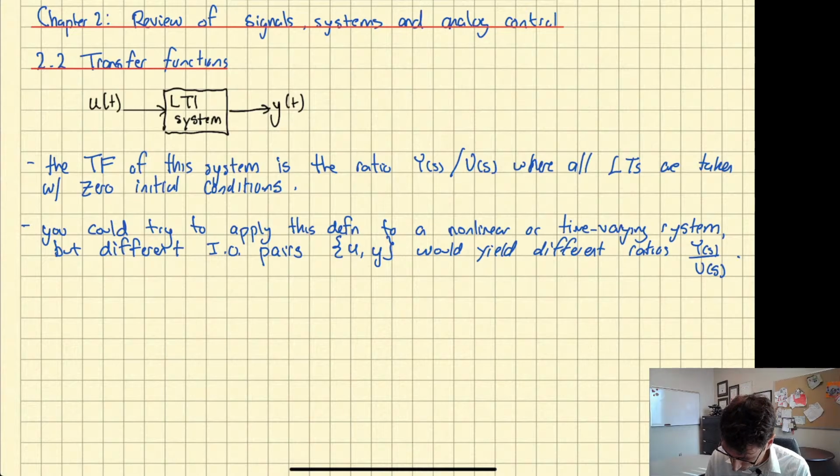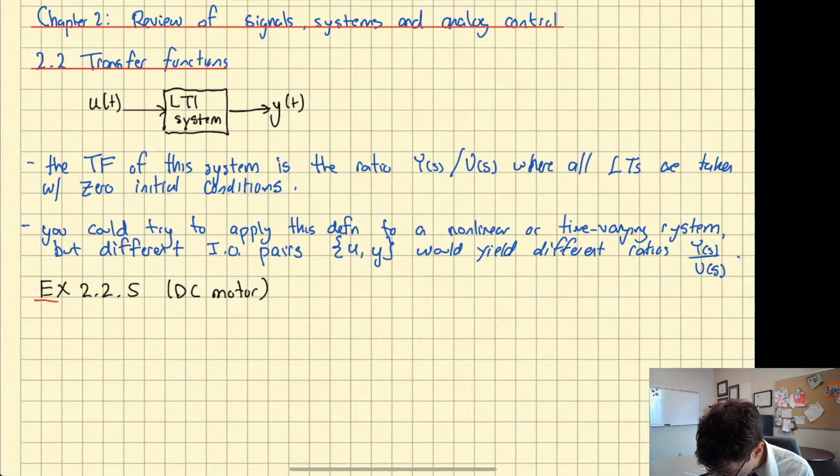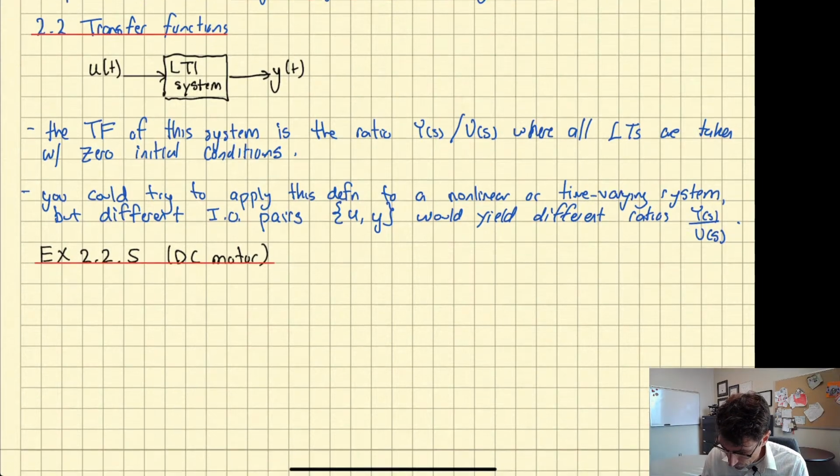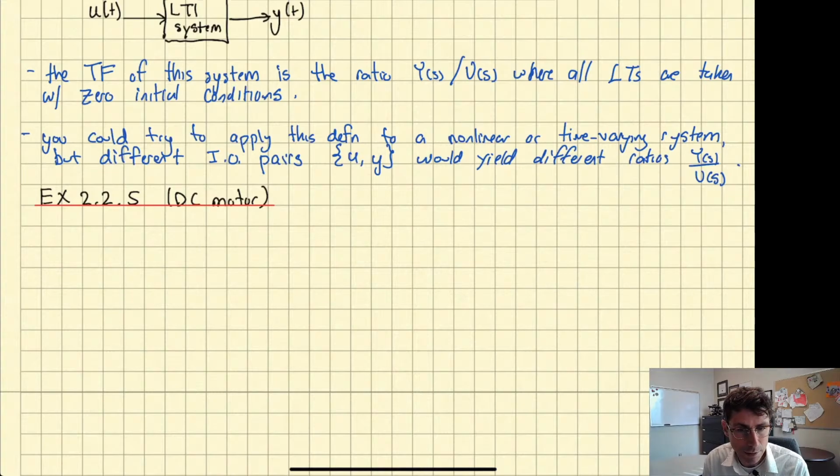Okay, example. I remind you that when you see those numbers in an example, it means that it's an example which is already in the notes, so it's not distinct to the lecture. So, DC motor, you're going to see in the lab a lot, but I remind you, I won't go through very detailed modeling of it.